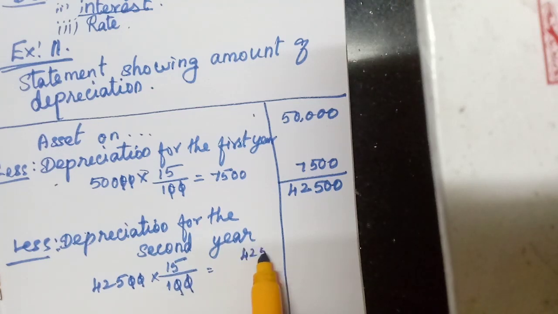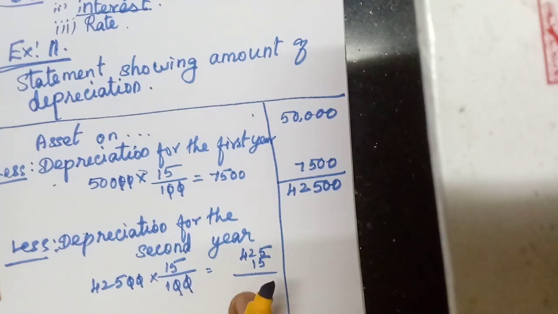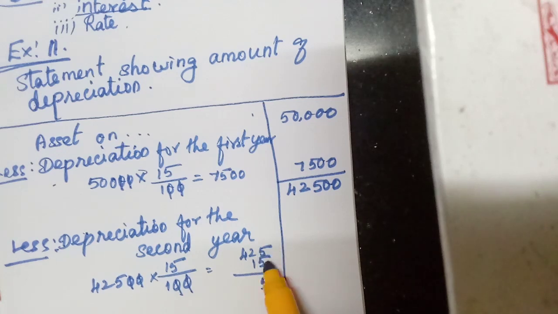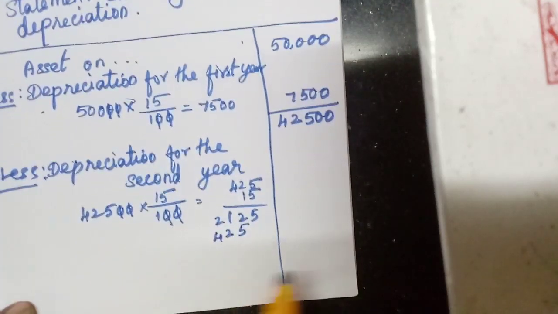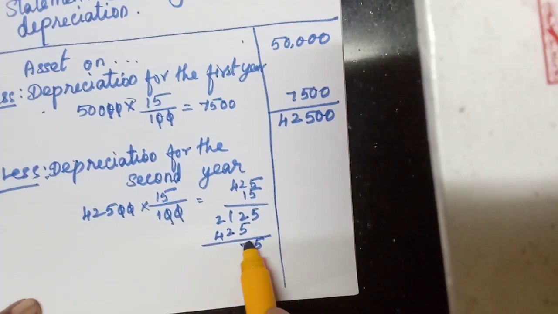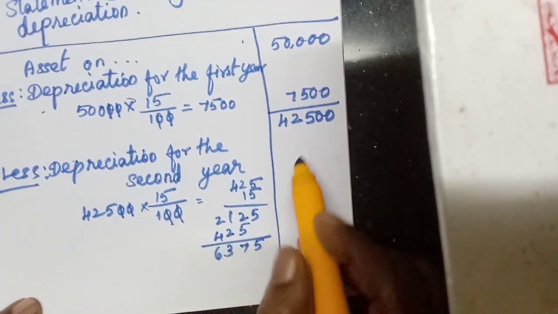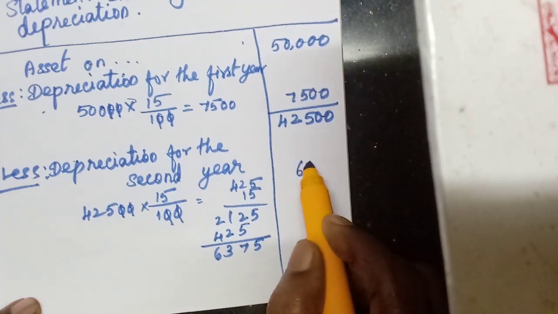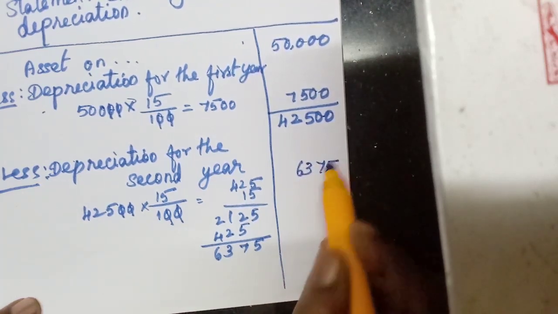Now we should multiply. 425 into 15. You should not write here and multiply. In the rough column you have to multiply. In order to show you, I am multiplying here. 5 5s are 25. Balance 2. 10 plus 2, 12. Balance 1. 20 plus 1, 21. 5, 2, 4. 5, 7, 3, 6. 6,375.